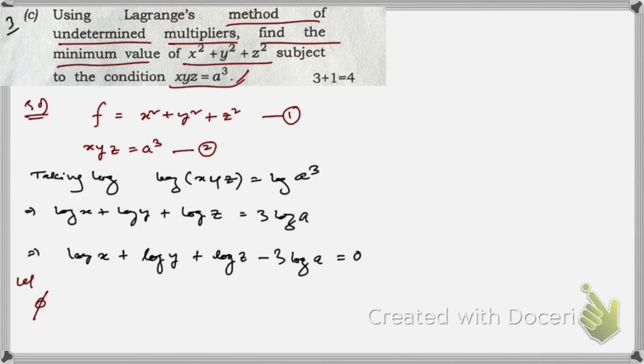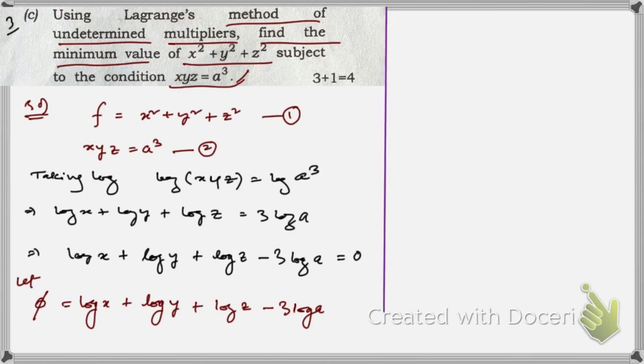So here phi is equal to log of x plus log of y plus log of z minus 3 log of a. So what is the idea, what is the method that we're gonna follow here? Let me write here.